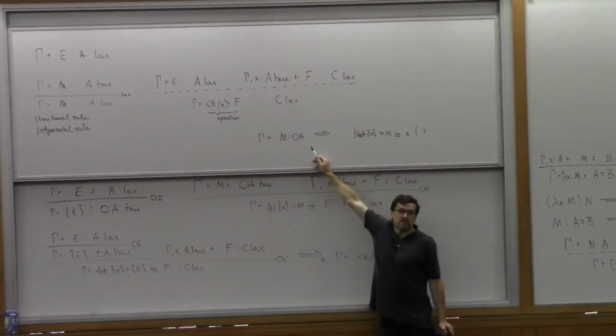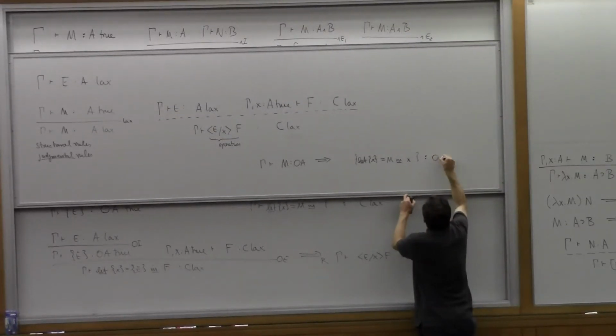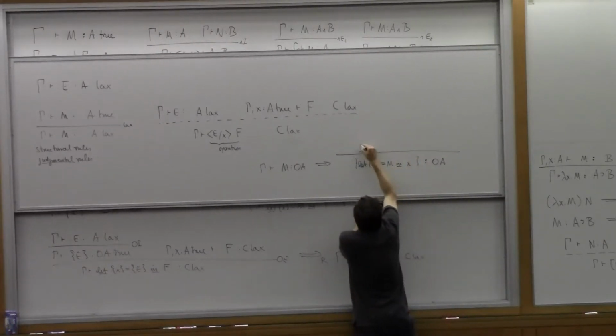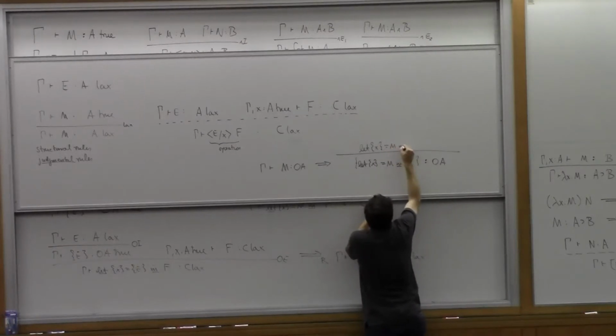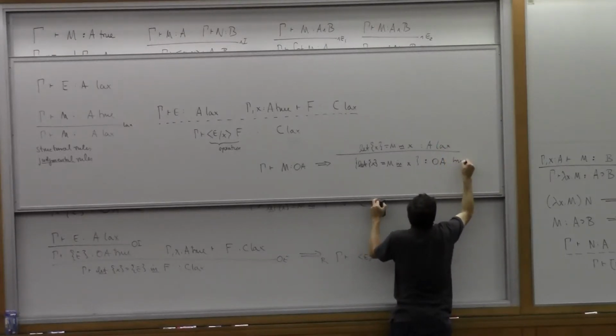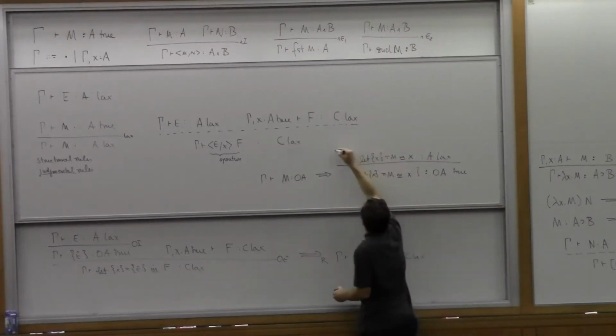Yes, because by the introduction rule, that's a proof of circle A true, which is what we started with, right? M : circle A. So that's of circle A if the thing underneath, which is the computation, let X = M in X, is A lax. This is circle A true. And when is this the case?